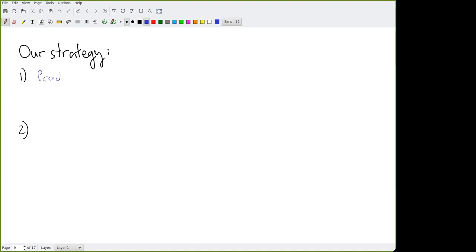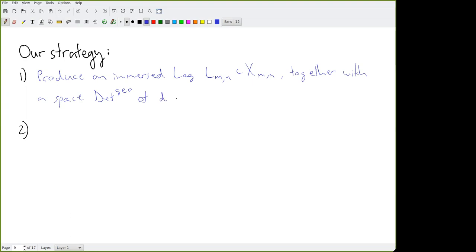Produce L_MN in X_MN, together with a good space of deformations, with a space def geo, we've decided to call them geometric deformations of deformation cochains.